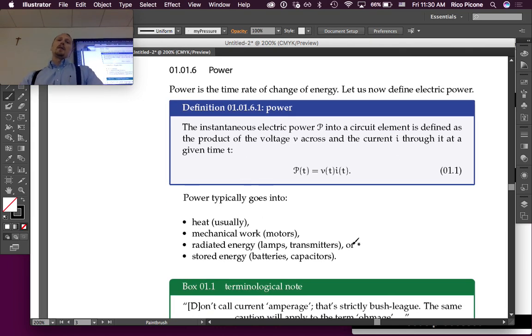So power typically goes into heat. That's actually the most common thing in the circuit for it to go into, which is why Amazon in particular, but all these big tech companies have these big server farms, and one of the big problems at these server farms is heat. They've got to get rid of all this heat.